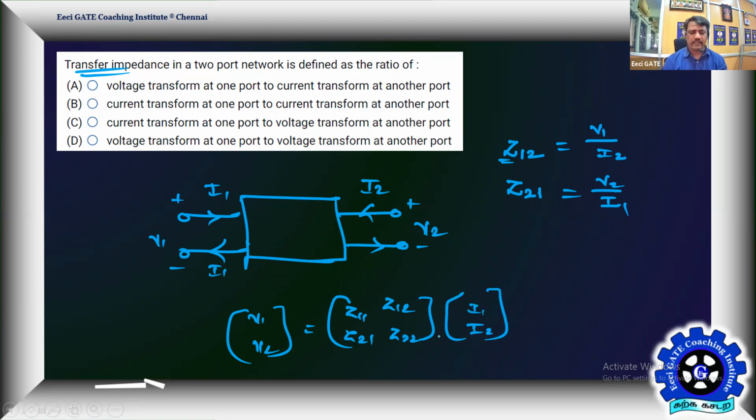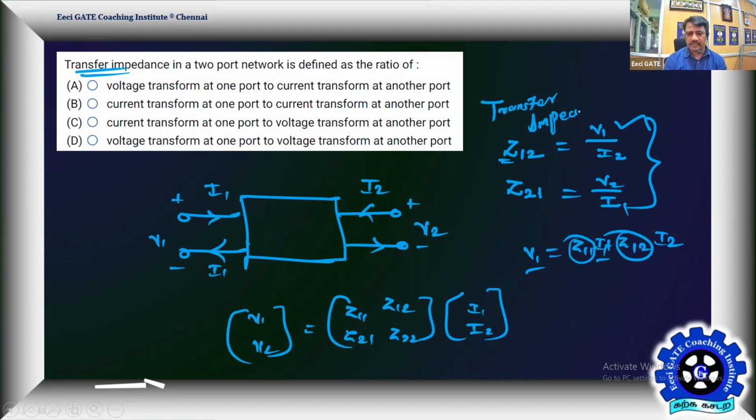The first equation is V1 = Z11 I1 + Z12 I2. Z11 is also an impedance, but referring only to the same port, V1 and I1. For different ports, input port and output port, Z12 is V1 by I2. So this is what we call transfer impedance. Z12 and Z21 are known as transfer impedances.